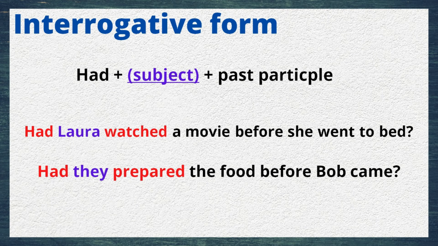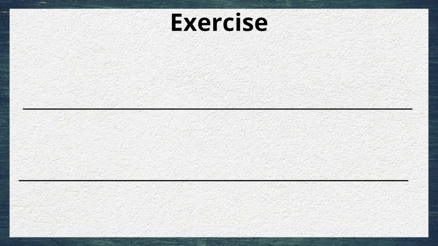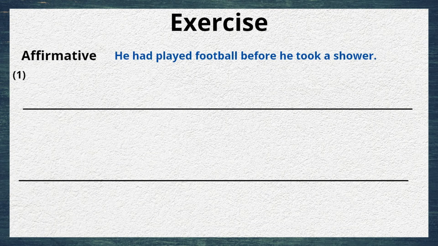Now we move on to the exercise. For this exercise, I will give you a sentence in one of the forms and you will change it to the other forms. So, number one, I will give you a sentence in the affirmative form. He had played football before he took a shower. I want you to pause the video and change it to the negative and the interrogative form.